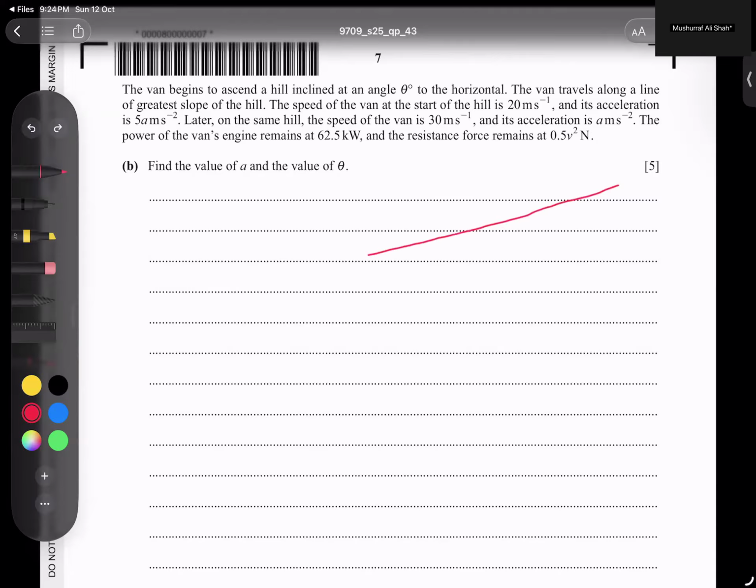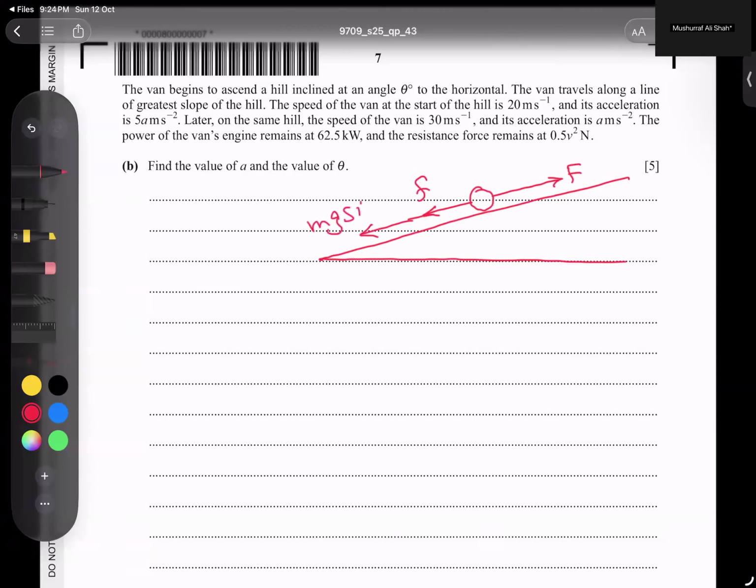This idea is nothing hard, but this time the inclined plane is playing a role. So I'll make two diagrams. First of all, have a look. There's applied force, frictional force, weight component, that is mg sine theta, and this is theta.